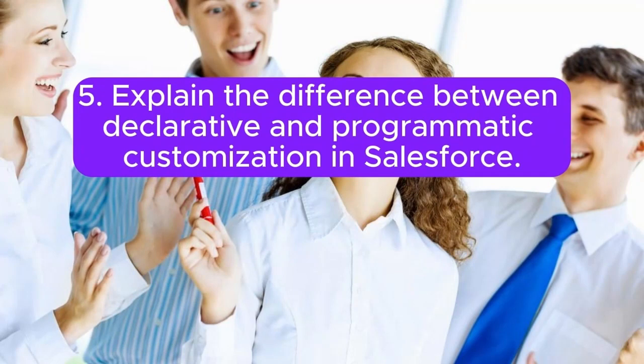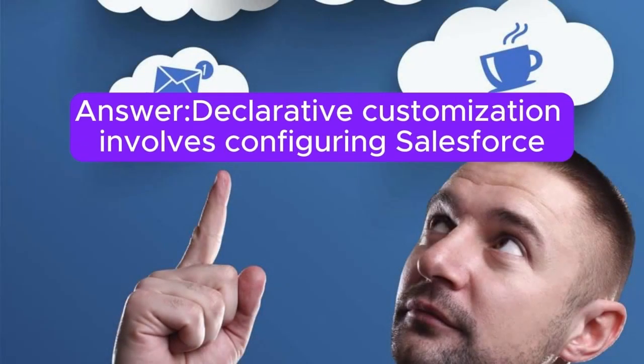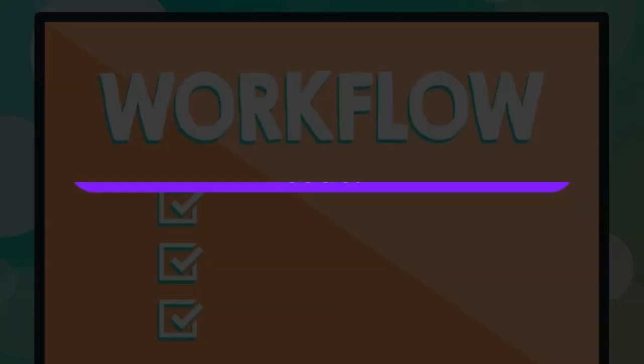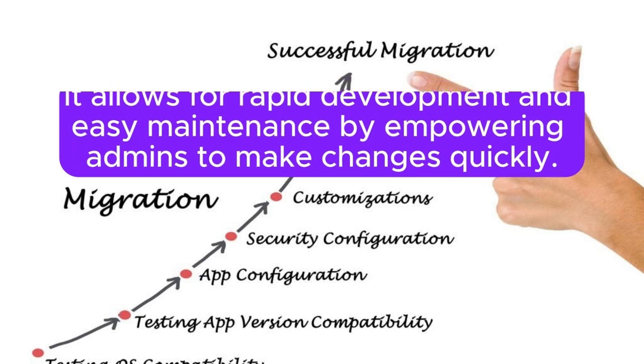5. Explain the difference between declarative and programmatic customization in Salesforce. Answer: Declarative customization involves configuring Salesforce using point-and-click tools like workflow rules, Process Builder, and page layouts without writing code. It allows for rapid development and easy maintenance by empowering admins to make changes quickly.